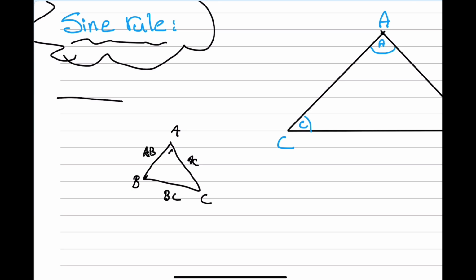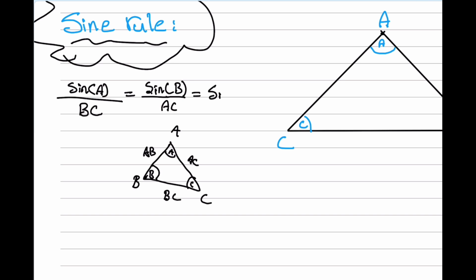So this is A, B, and C. The sine rule states that sine of A divided by BC is equal to sine of B divided by AC equal to sine C divided by the side AB.